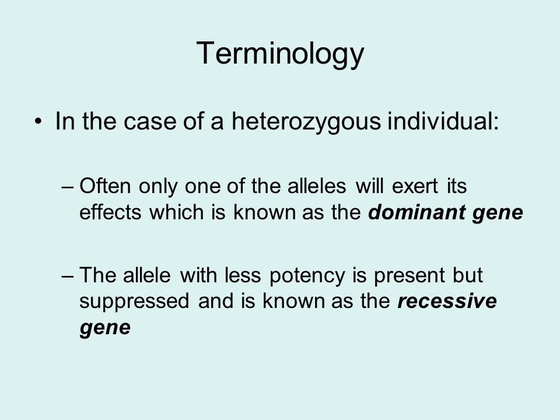In the case of eye color, brown eyes is dominant over blue eyes. So if you have a heterozygous individual who has one gene for blue eyes and one gene for brown eyes, yes, they have those two genes. Yes, they are different, which is why they are called heterozygous. But what you actually physically see would be brown eyes.